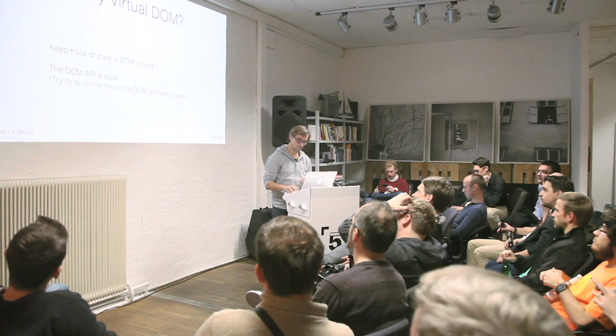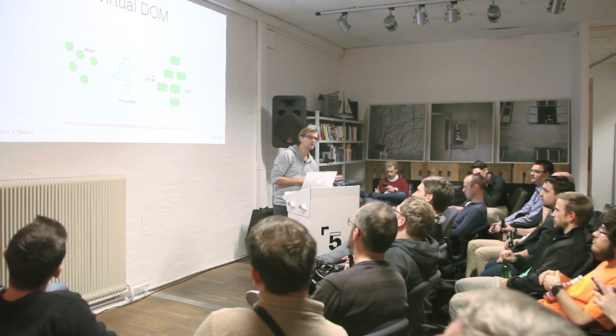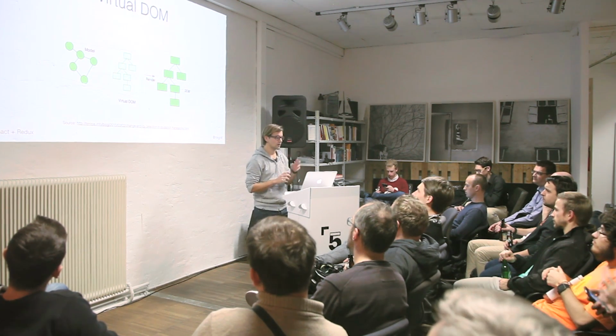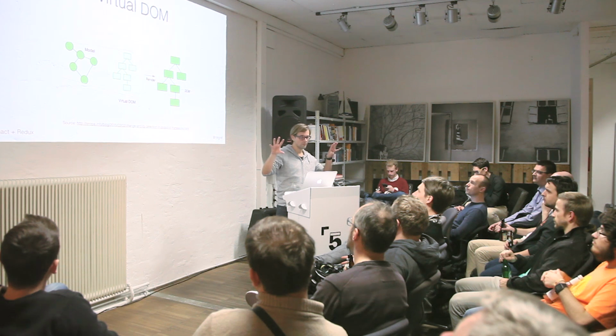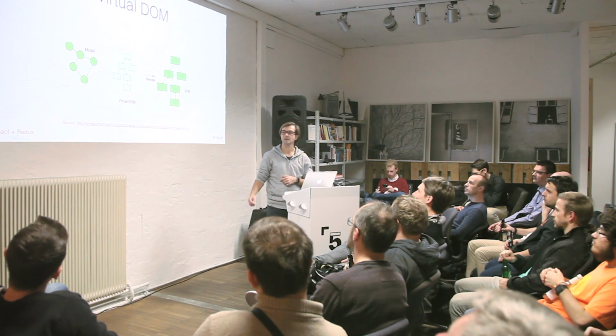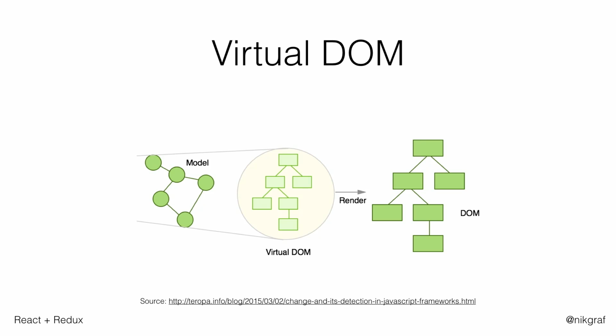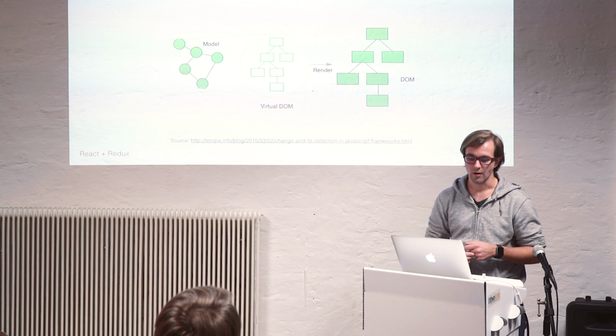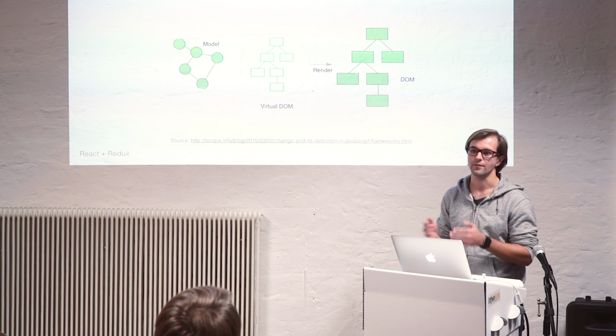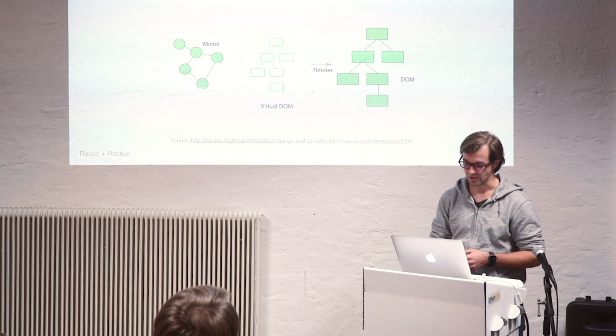So the virtual DOM is actually an invention which helps you to map your data model to your DOM rendering. And it does it by basically injecting one layer, the virtual DOM, which is what you can do with React. You get a render function, and then you generate a virtual DOM, or what you do is you generate how your DOM should look like. And the virtual DOM maps this to the real DOM and then does the real DOM manipulations.